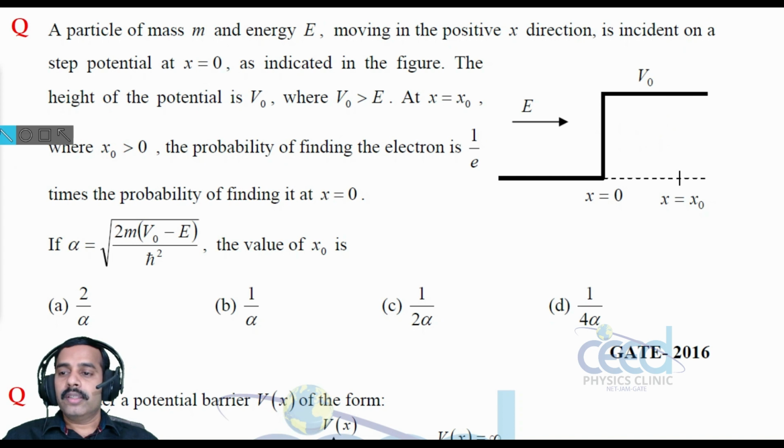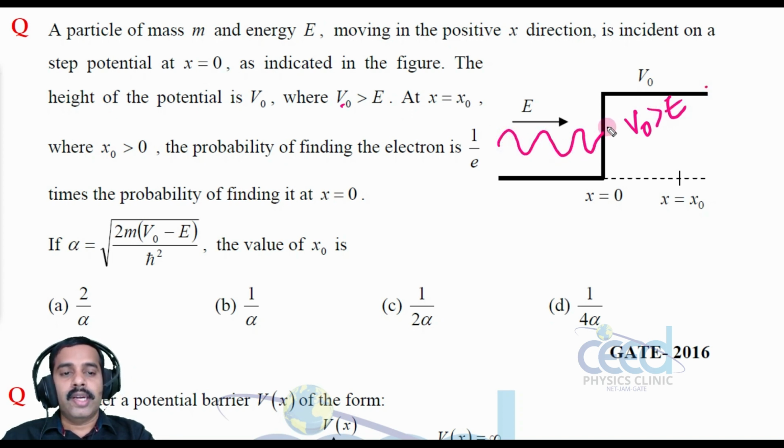So here you have to analyze the thing. The case is V0 greater than E. In the previous problem we discussed the same case, V0 greater than E. We have already discussed that this wave function will decay. It cannot execute for a long distance.